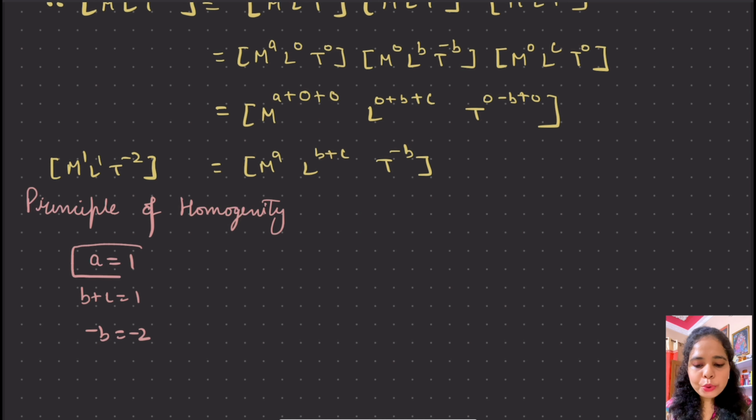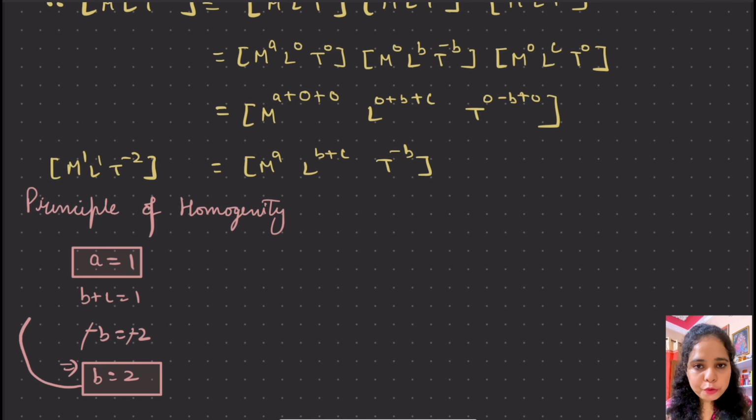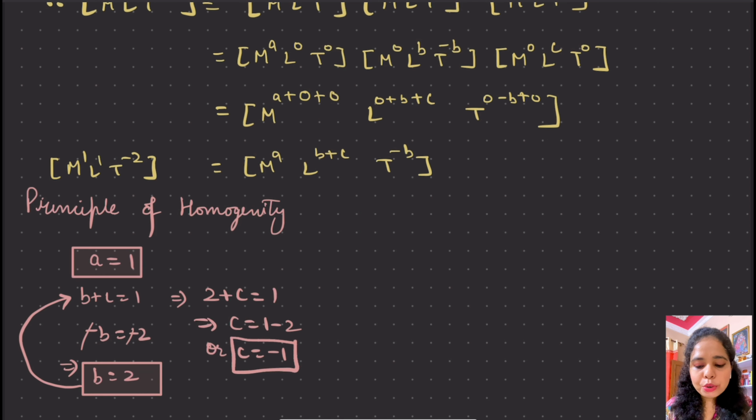So 1 is equal to A, B plus C is equal to 1, and minus B is equal to minus 2. So cancelling out minus, we are left with B is equal to 2. We are having the value of A, we are having the value of B, and we will use the value of B in this equation, so we can calculate the value of C. So we have 2 plus C is equal to 1, or C is equal to 1 minus 2, that is C is equal to minus 1.